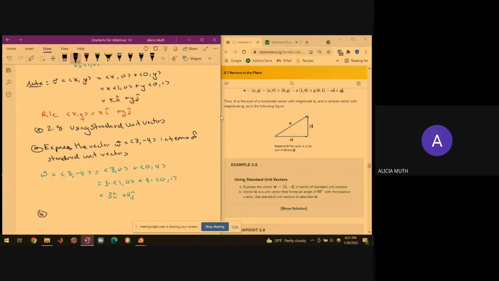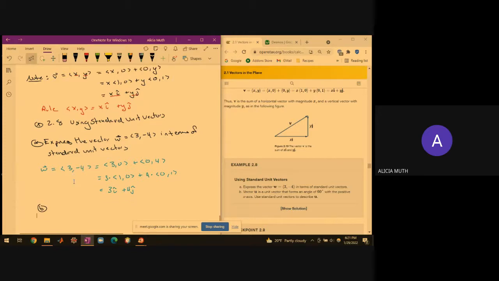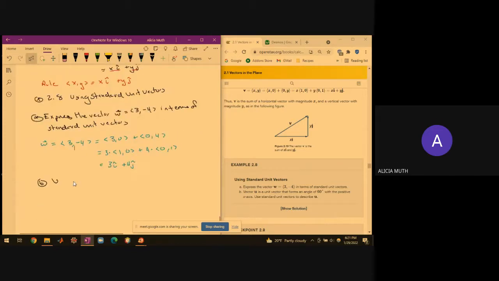Now in part B, we're told that a vector u is a unit vector that forms an angle of 60 degrees with the positive x-axis.